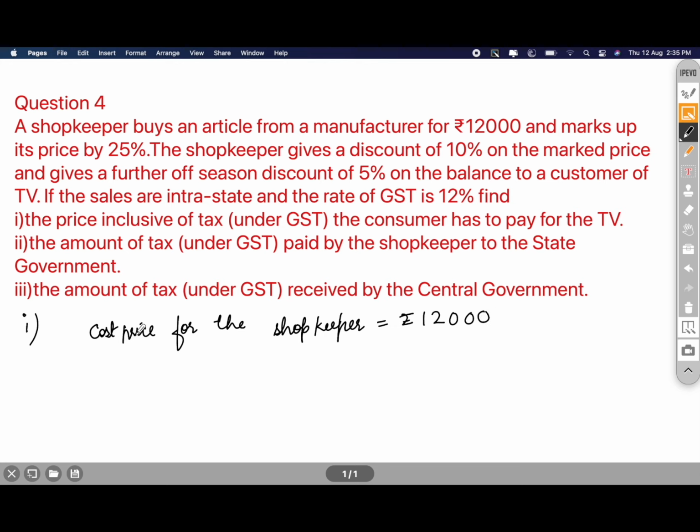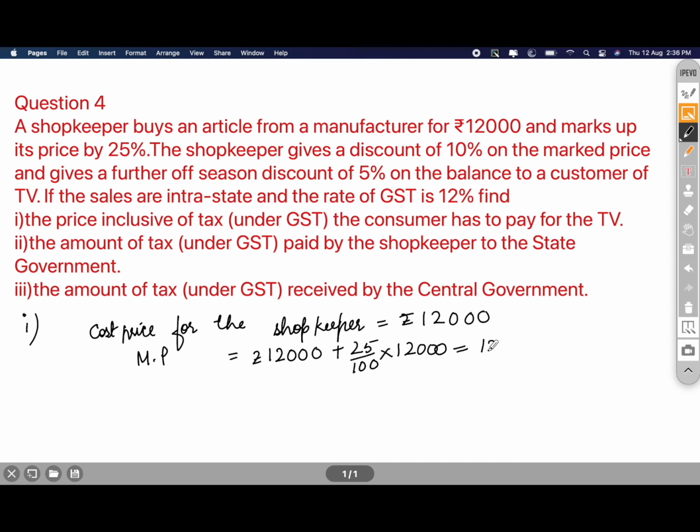Now marked price is 12,000 plus 25% of 12,000. So this is what the shopkeeper is marking.